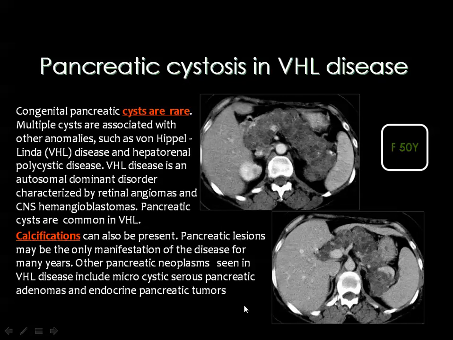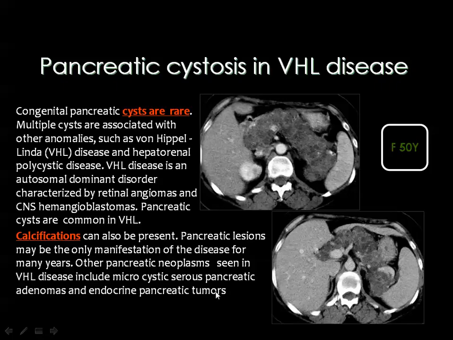Then you remember in the lecture of hepatic imaging that cystic lesions may occur in the liver in the course of polycystic disease, and also these cysts may affect the kidneys and sometimes the spleen.